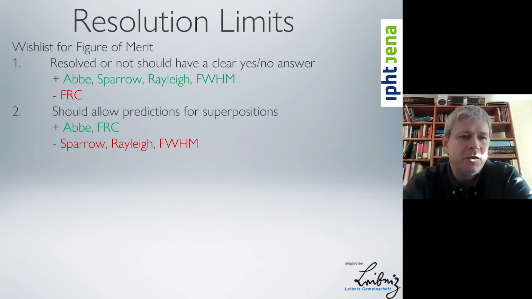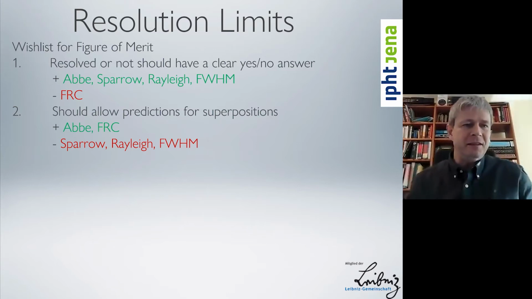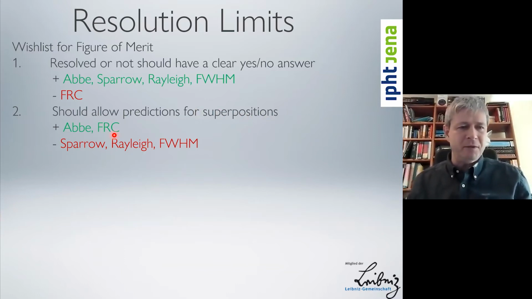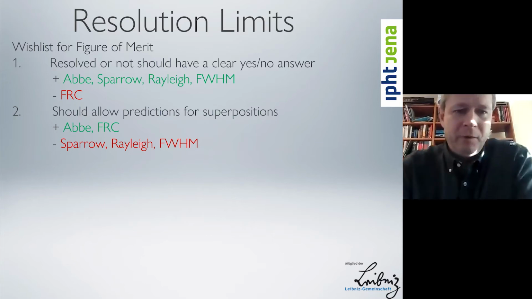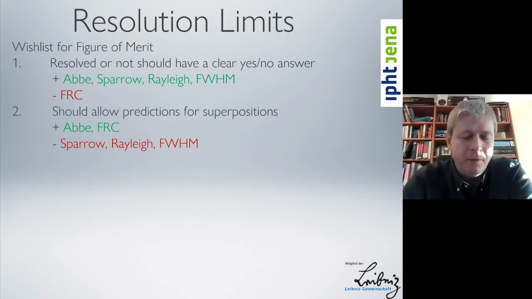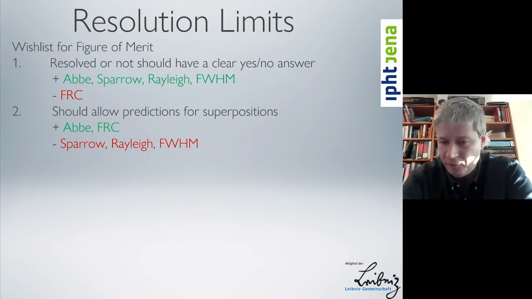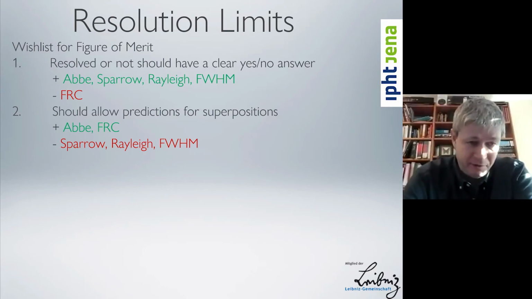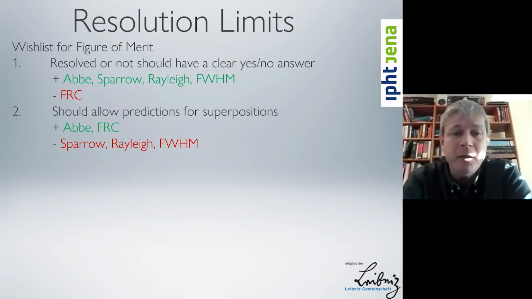Then it would be nice if you can somehow predict what happens if you do superpositions. And the problem is with all of these other limits, like the point limits, well, you can of course write your object as a superposition of point emitters. However, these definitions of Rayleigh limit or full width half max don't help you to predict what features in the object you can in the end observe or not.